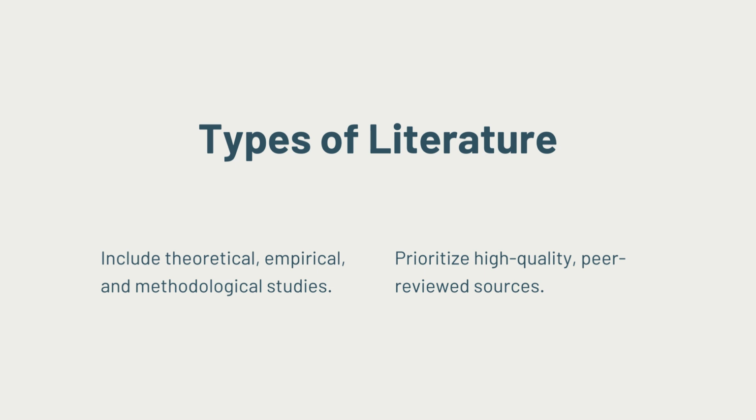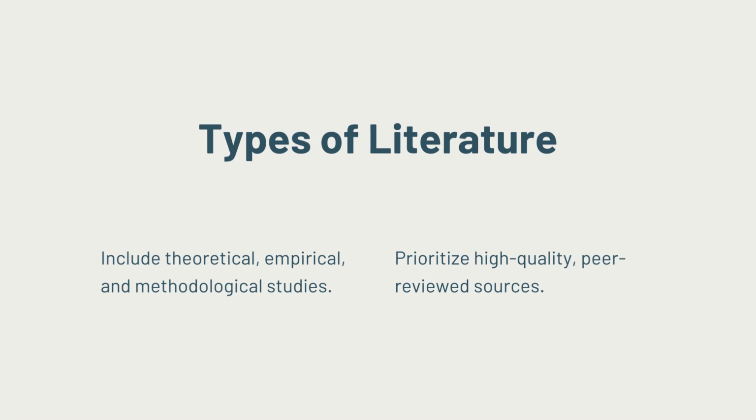And then we have empirical studies. This one presents data and findings from experiments or observations. And lastly, methodological literature. This one focuses on the tools and techniques used in research, and they can help you justify your own methodological choices.